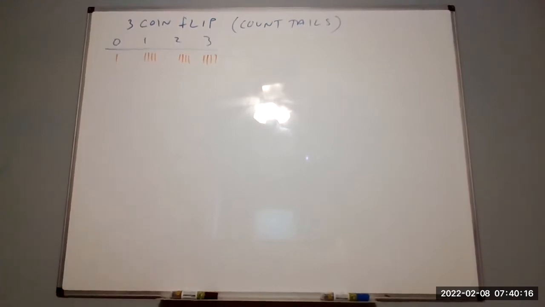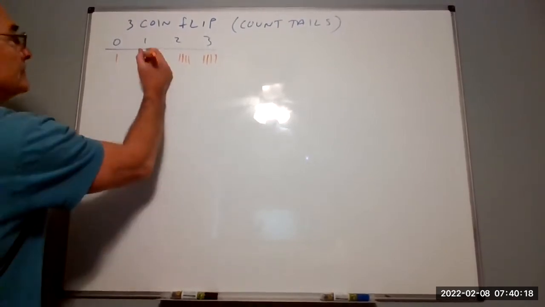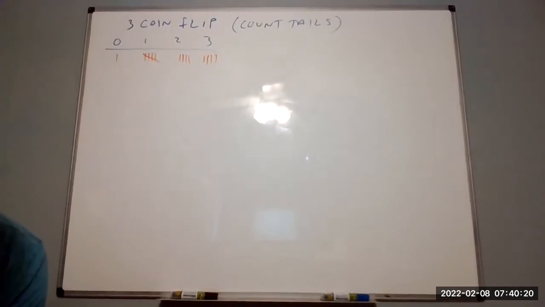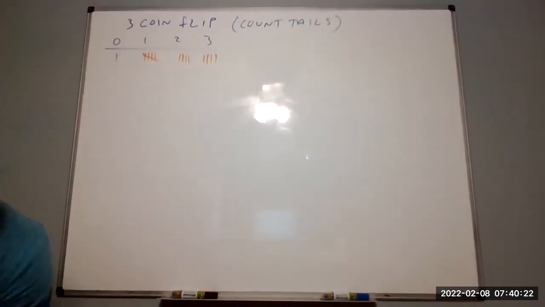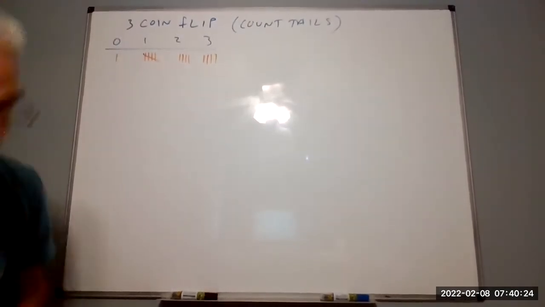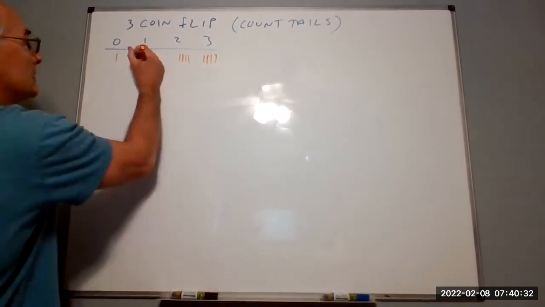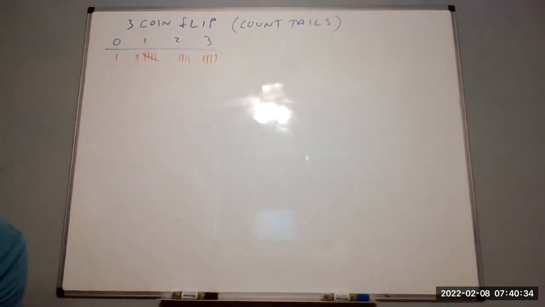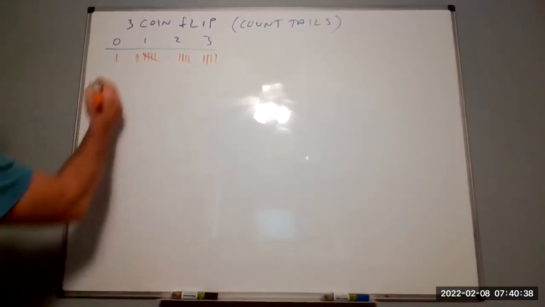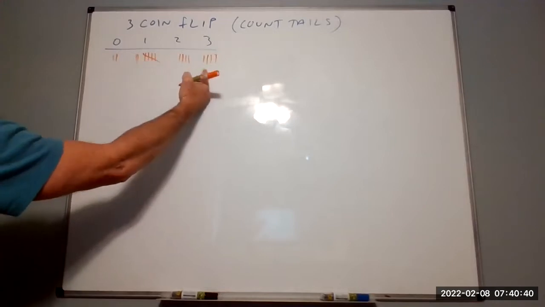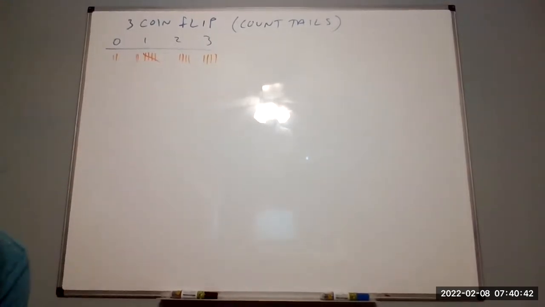I got 1 tail. Said we're going to do this 20 times, so we're almost done. I got 1 tail. I got 1 tail. I got 0 tails. Let's see, 9, 17. So 3 more tries.